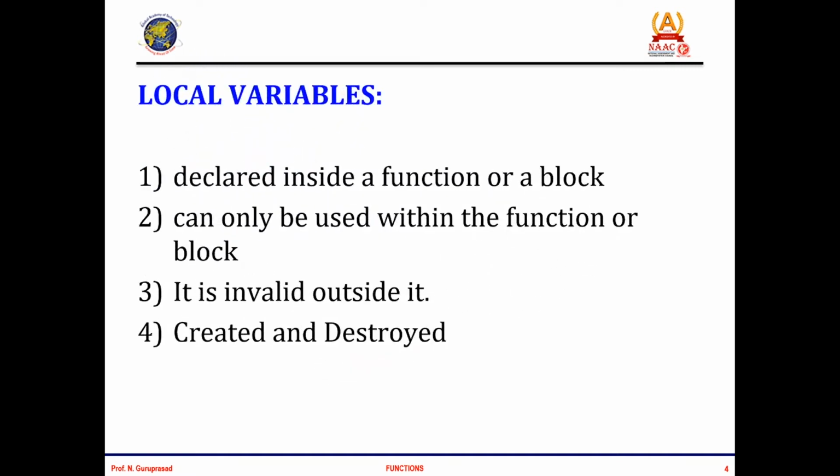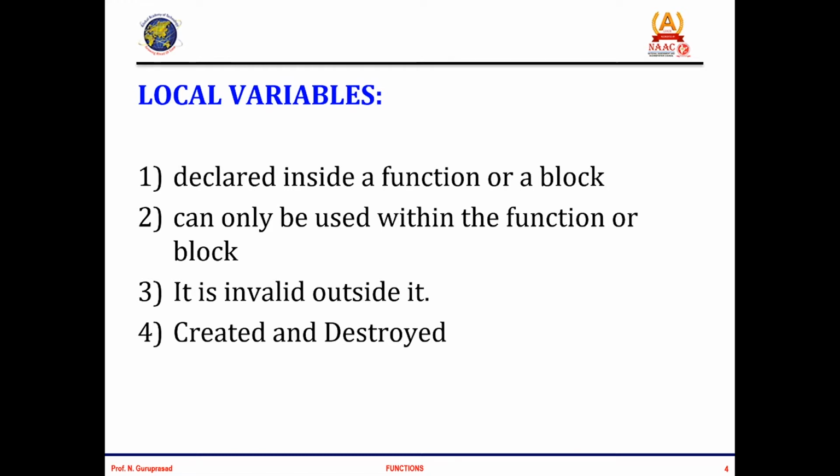What do you mean by local variables? Variables that are declared inside a function or a block are actually called local variables and they are said to have local scope. These local variables can only be used within the function or a block in which they are declared.